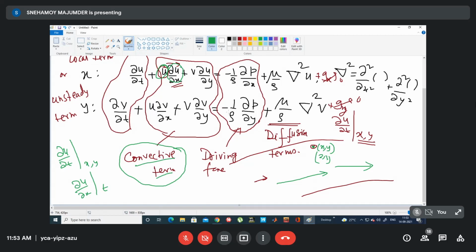একটা physical process তো driving force থাকতে হবে, driving force না থাকলে physical processটা চলবে না। এখানে pressure difference is the driving force, and this is the driving force term.